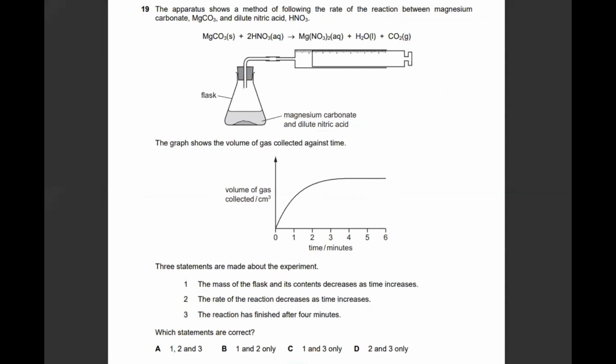The apparatus shows a method of following the rate of reaction between magnesium carbonate and dilute nitric acid. They have shown a gas syringe, so definitely carbon dioxide is being collected in the gas syringe, right?